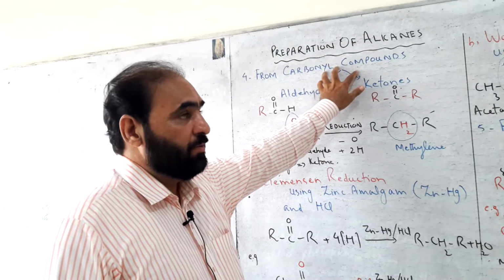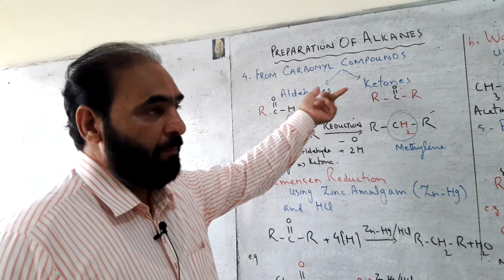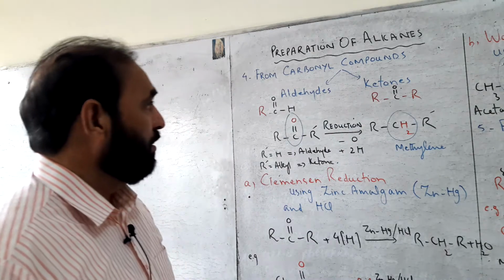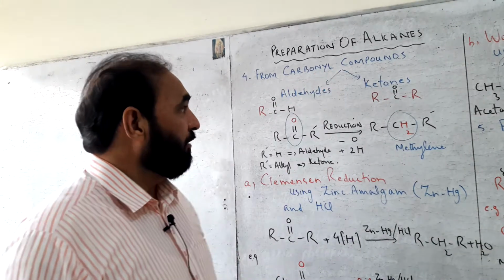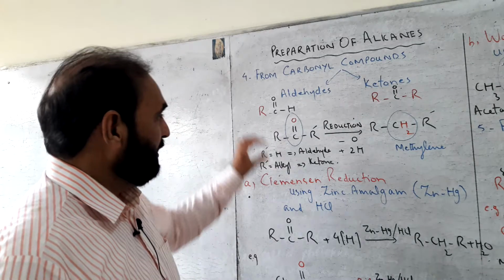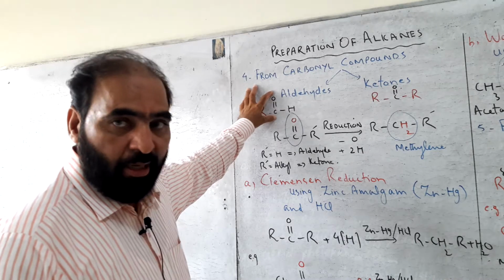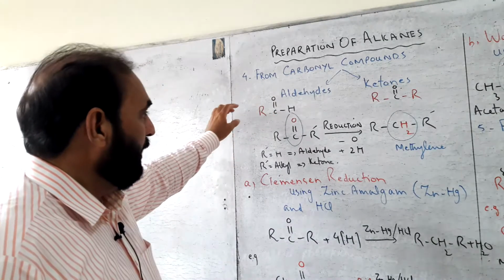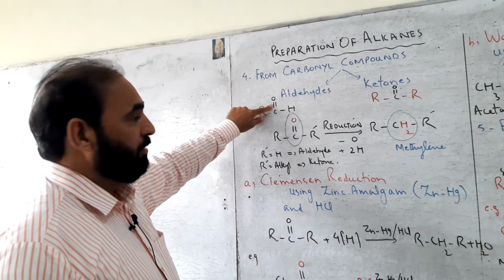Carbonyl compounds are given the names aldehydes and ketones. The identification of a carbonyl compound is the presence of a carbonyl group in an organic compound, in which a carbon atom is making a double bond with an oxygen atom.